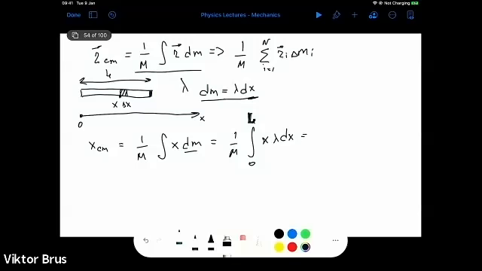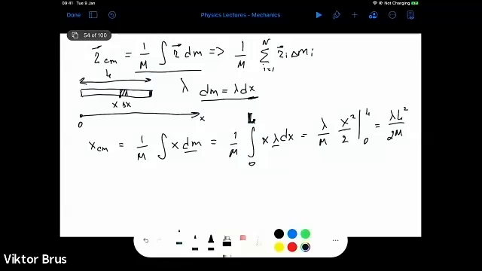Okay, so what do we get? Lambda is a constant, so we can take it out of the integral. Lambda divided by capital M. And here the integral of x dx will be x squared divided by 2 from 0 to L. And this is equal to lambda L squared divided by 2M.